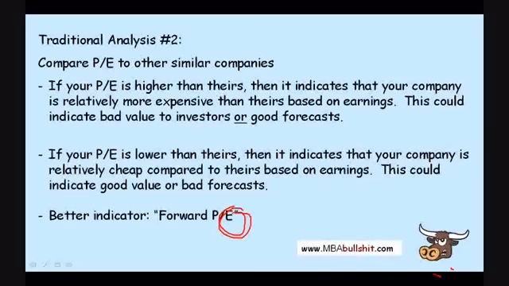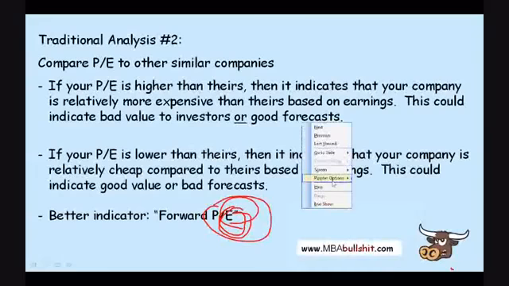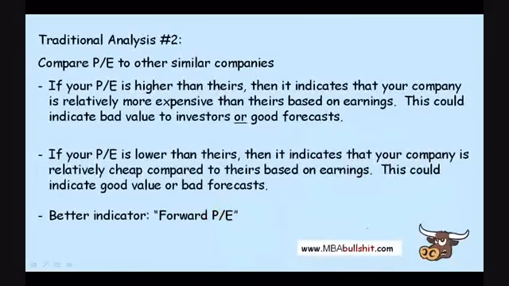Of course, that's not yet sure, but it's just based on an estimate. So you find the future estimated earnings for next year, and you put it together in this ratio over here, and you get what we call a forward PE.